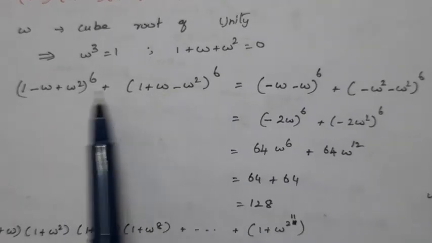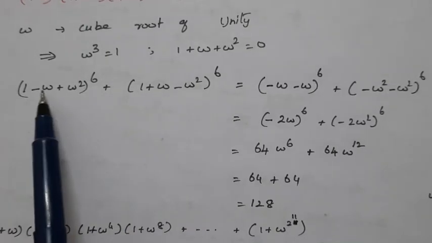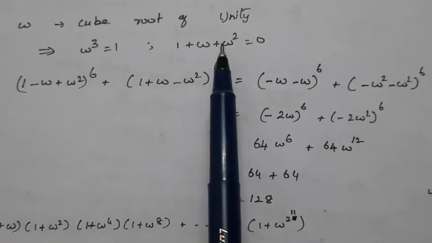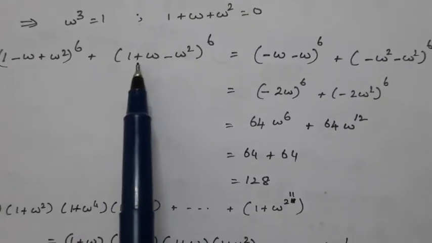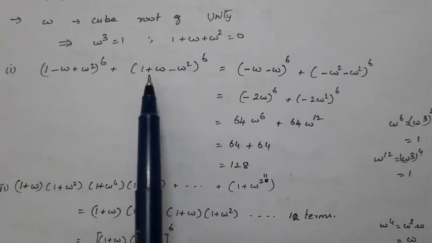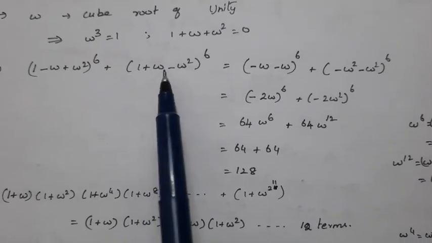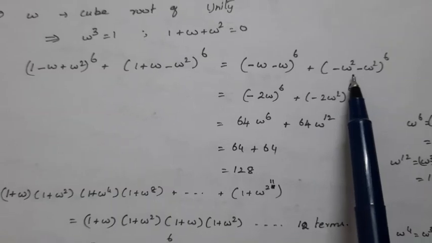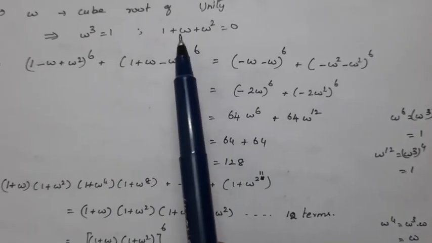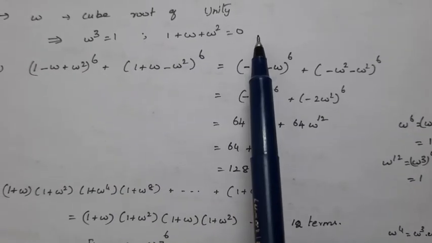Why are we doing this? In order to simplify this, we are replacing the values by this condition. Now look at the second term. We have 1 plus omega. So let us replace it by minus omega squared to make it simplified. So 1 plus omega can be replaced by minus omega squared, again from this condition, 1 plus omega plus omega squared is equal to 0.